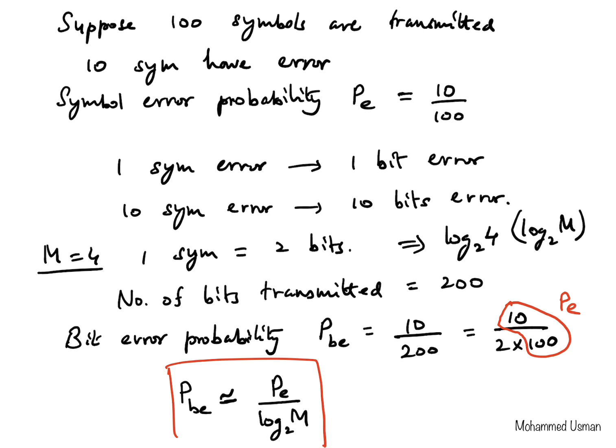Okay, but in general you will see that for m greater than 2, the bit error probability is lower than the symbol error probability because it is getting divided by a number greater than 1, right? And just to illustrate this even further, let's do one more example with m equal to 8, and again try to establish this relationship.